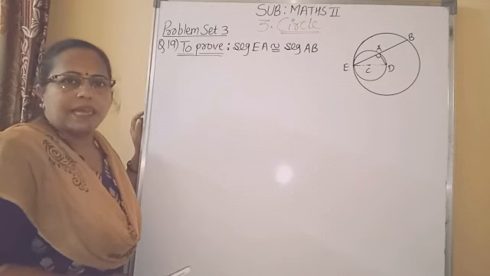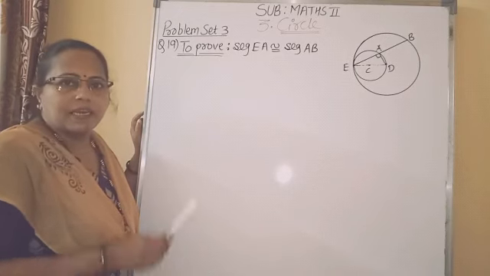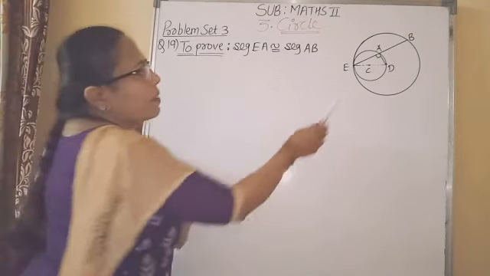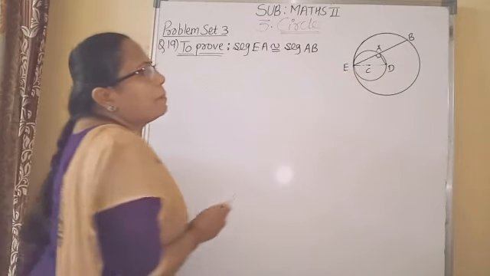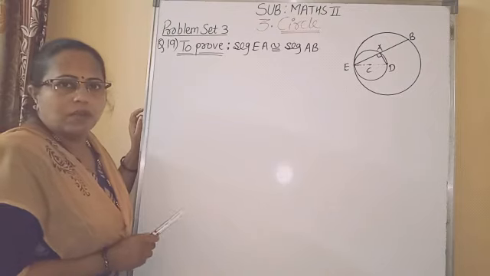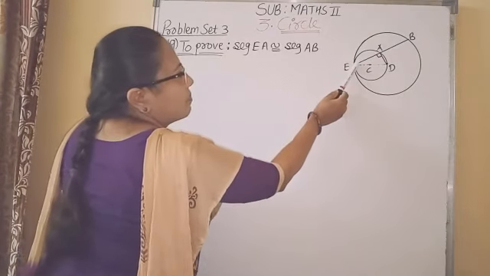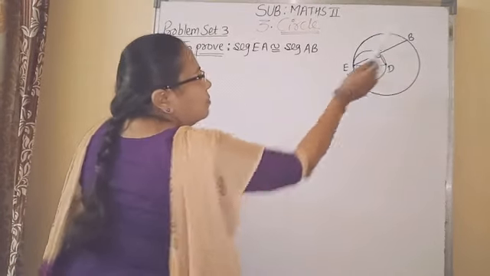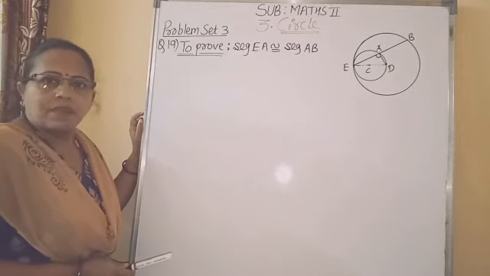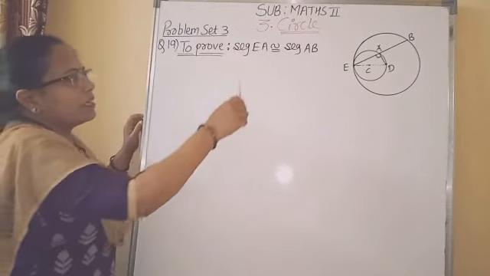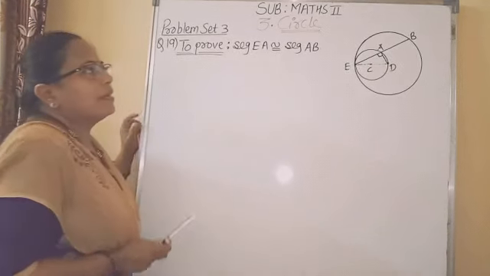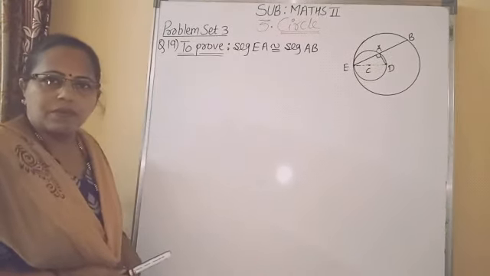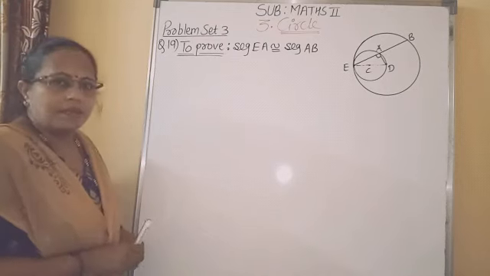In the previous standard, 9th standard, we studied the theorem in the circle lesson: a perpendicular segment drawn from the center to the chord bisects the chord. So according to that theorem, EA is equal to AB, that means segment EA is congruent to segment AB. Followed how we proved?